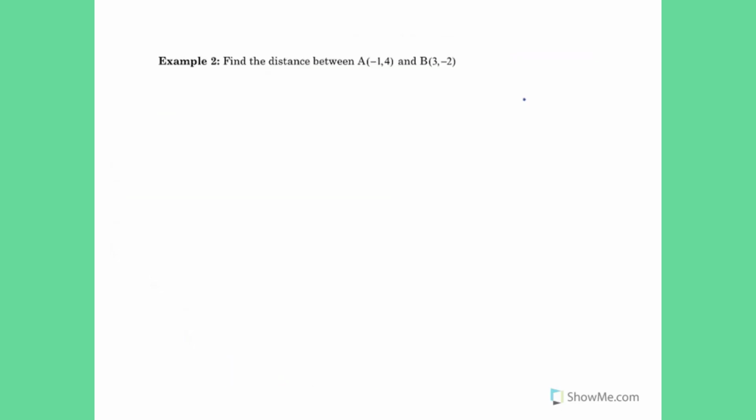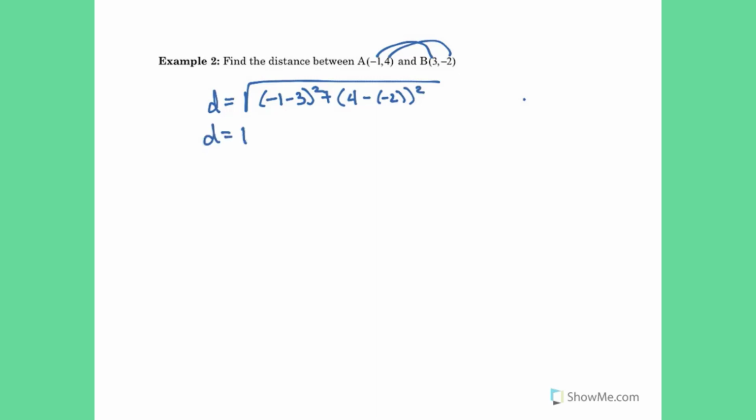Let's just practice that one more time, just so you're familiar. So you have negative 1 minus 3 squared, and 4 minus a negative 2 squared. So that's negative 4 squared, which is 16. That's going to be 6 squared, which is 36.